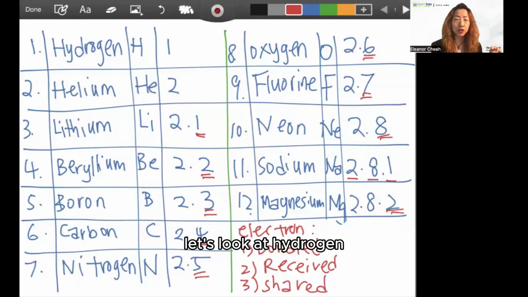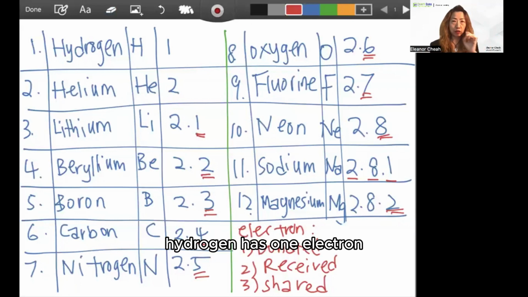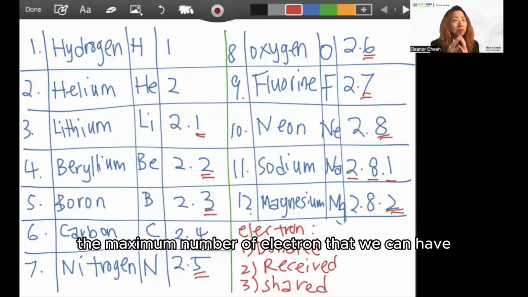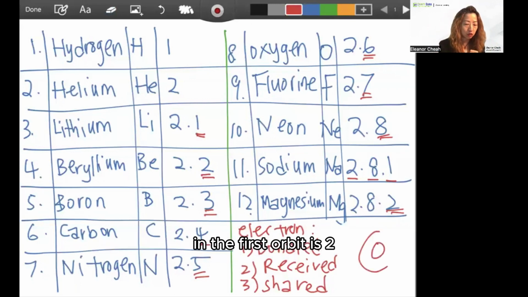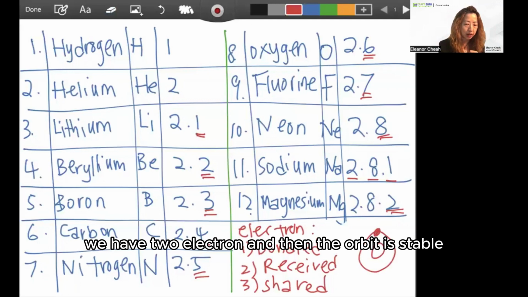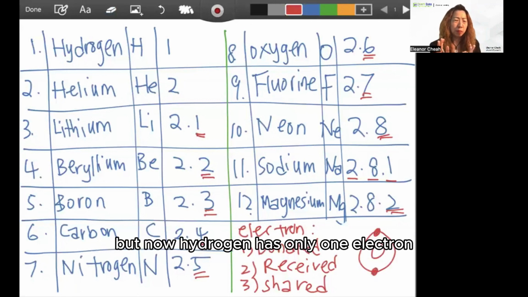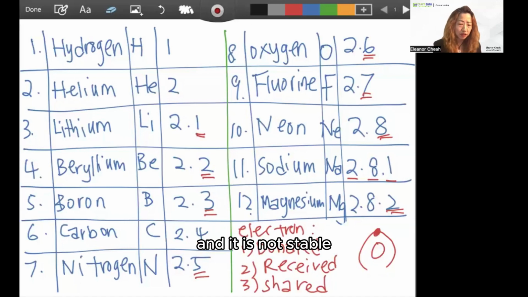Let's look at hydrogen. Hydrogen has 1 electron. It is also its valence electron. The maximum number of electrons that we can have in the first orbit is 2. So if we have 2 electrons, then the orbit is stable. But now hydrogen has only 1 electron and it is not stable.